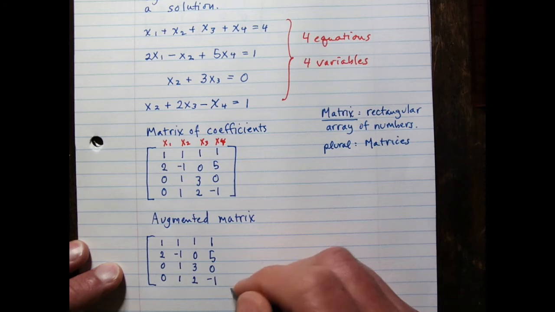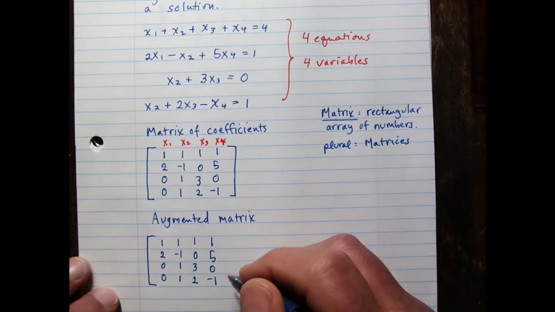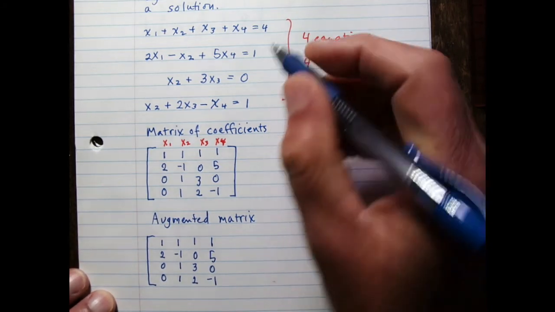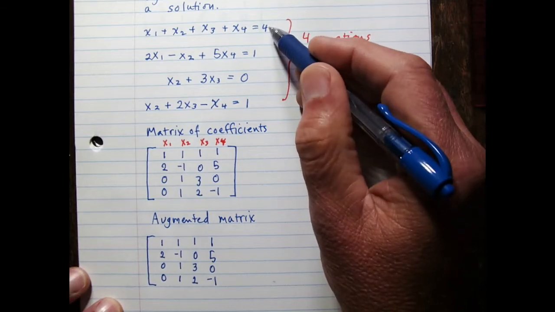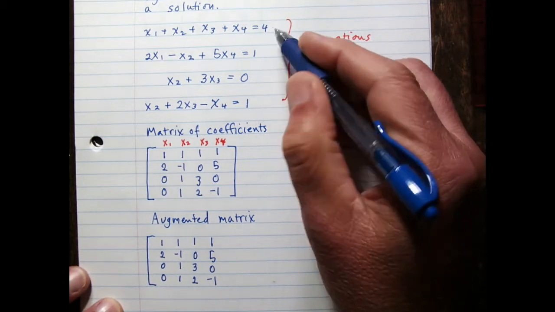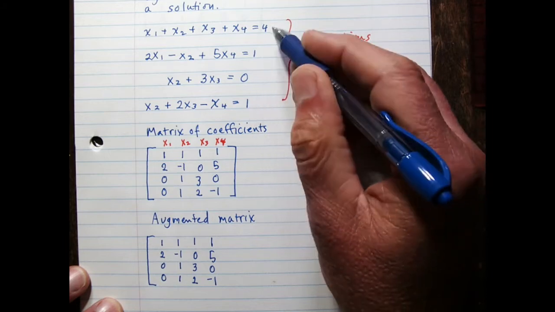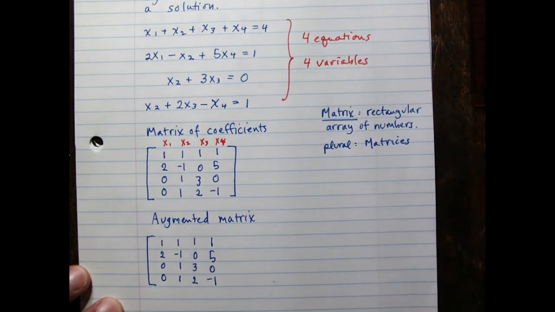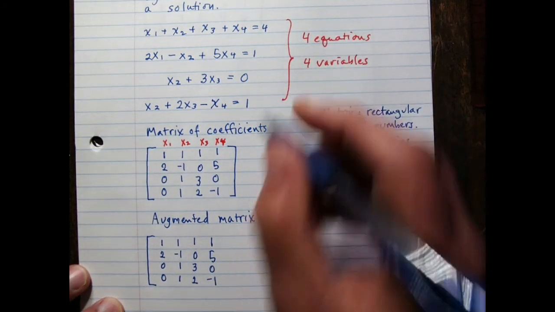And I'm going to add another column of numbers. When you look at our system, so far I haven't written down any of the constants on the right. Clearly 4, 1, 0, 1, these numbers on the right are important and relevant in solving the system.